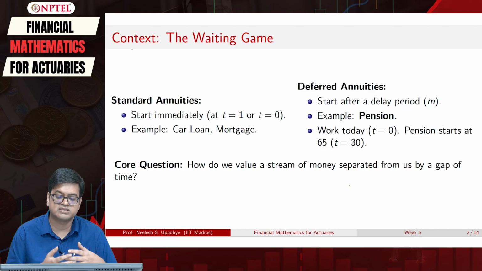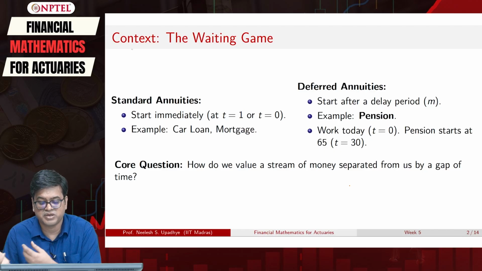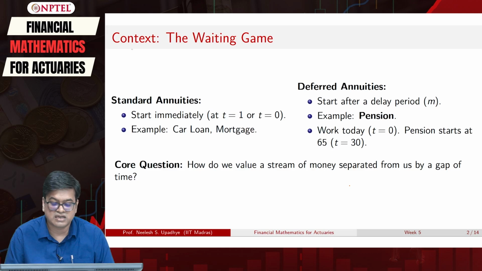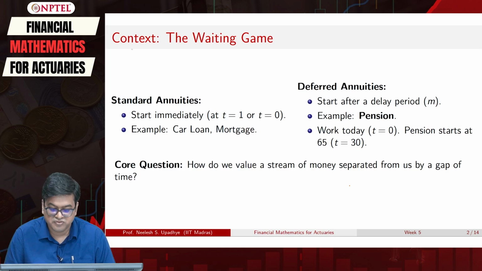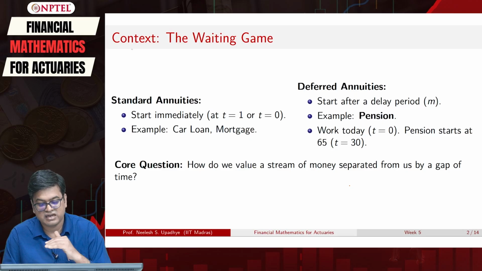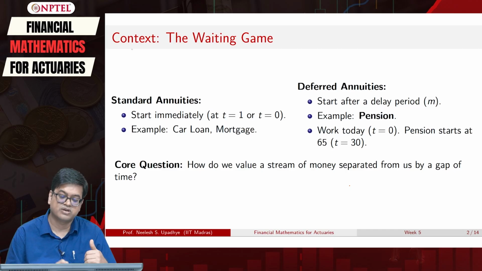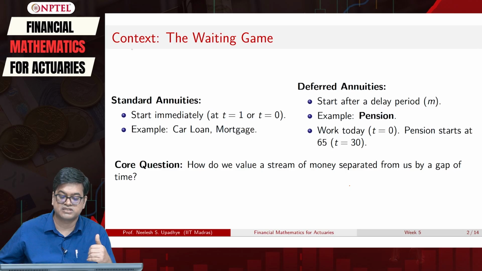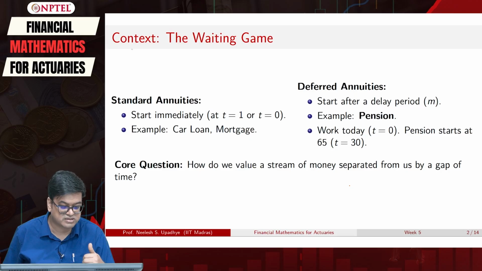Or if you are investing, you will start a pension plan which will have deferred payments due. That's the problem that we are going to handle in this class, where you start after a delay period. In the case of pension, you work today, and your pension starts at the age of 65, which may be at time period 30 onwards.